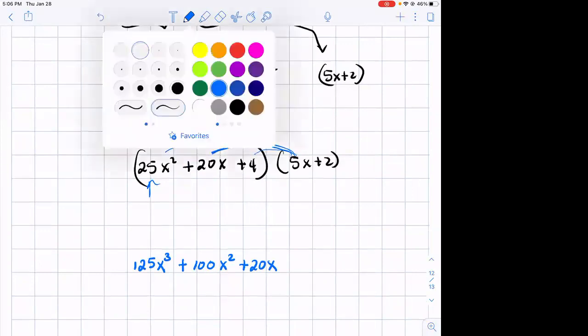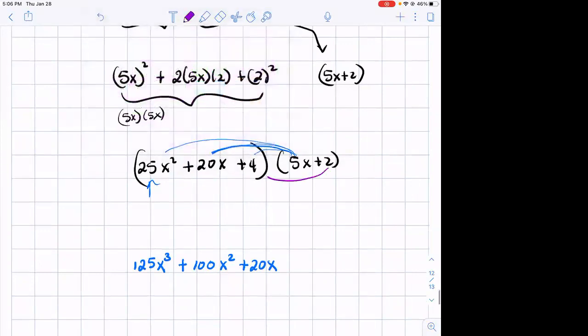And now we distribute the 2. So 2 times 25x squared becomes plus 50x squared. 2 times 20x becomes plus 40x, and 2 times 4 becomes 8.